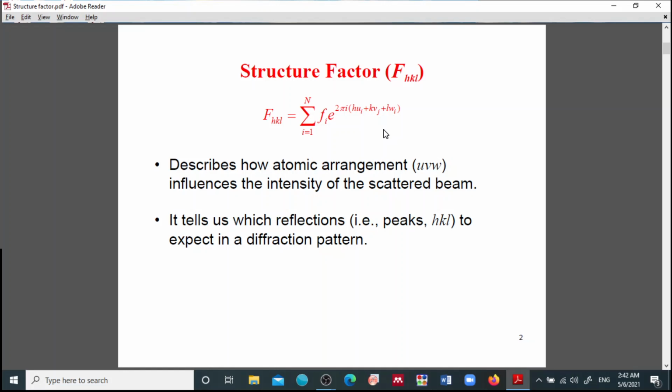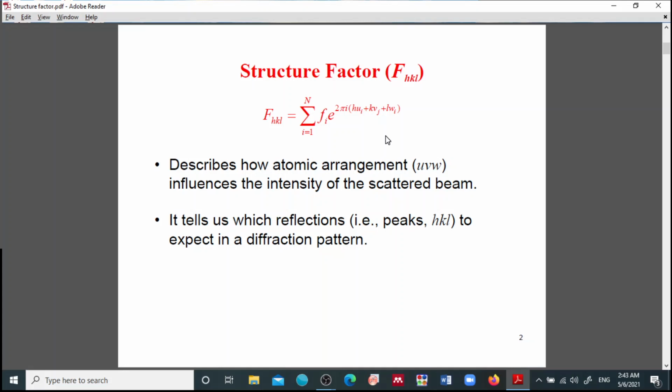Some of the planes take part in diffraction, and they re-radiate the intensity, and hence the beam. So in some directions we obtain some intensity, right? And this scattered intensity depends upon the position of atoms and hence the crystal structure, that is, the unit cell of the crystal lattice.